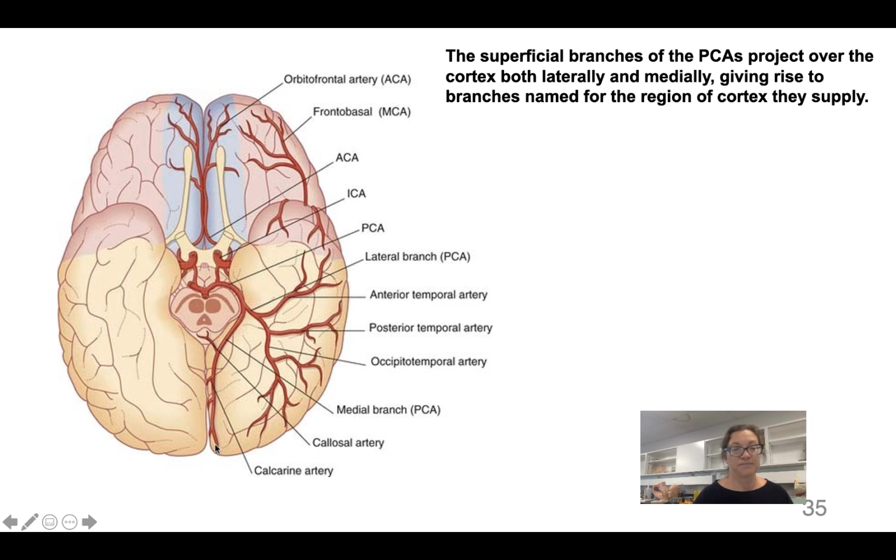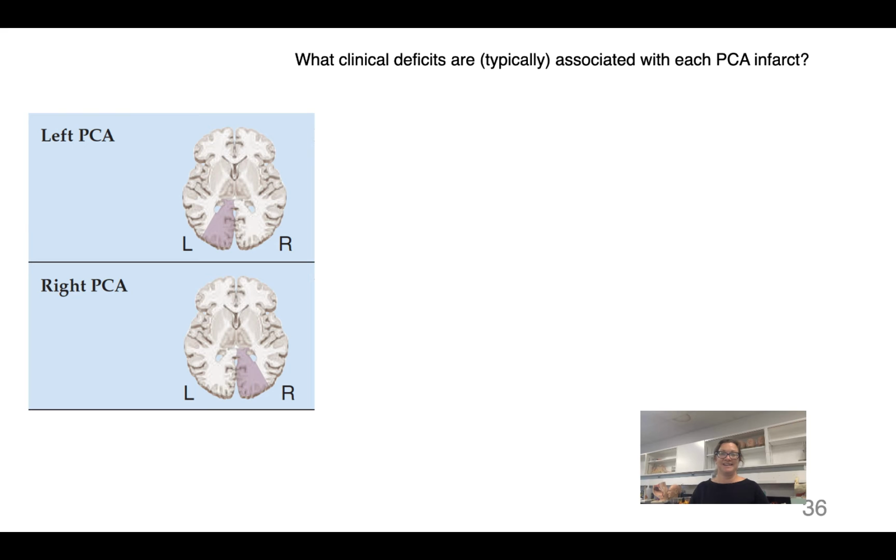And the calcarine artery supplies the primary visual cortex. So the main deficits of PCA infarcts are visual. And sometimes this is the only symptom that someone will have. And again, it's a hemifield loss of vision that's contralateral to the affected side.